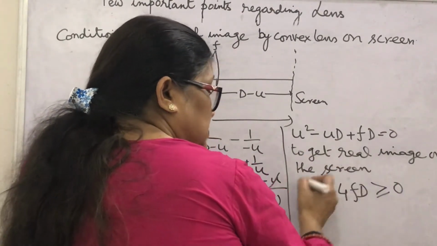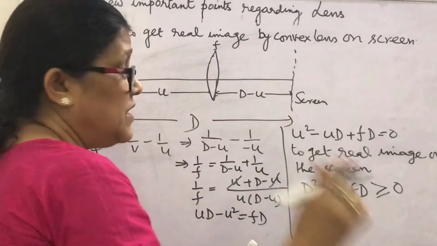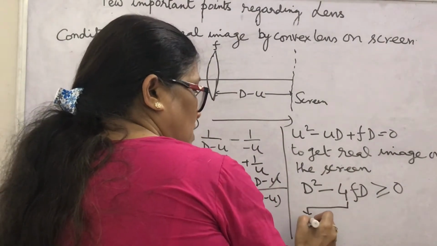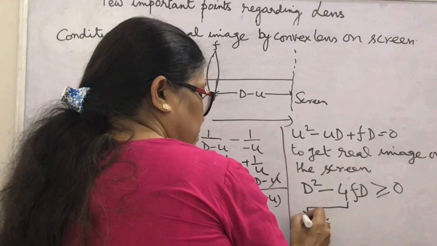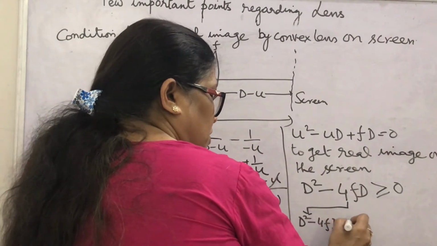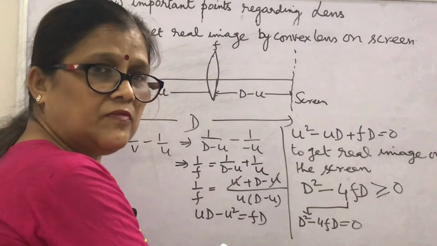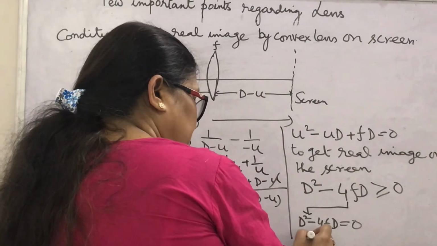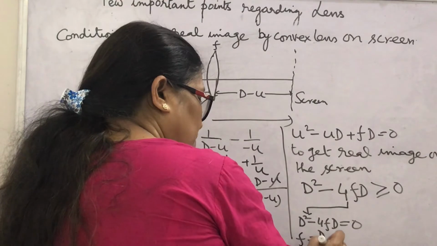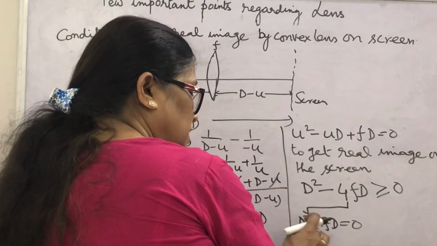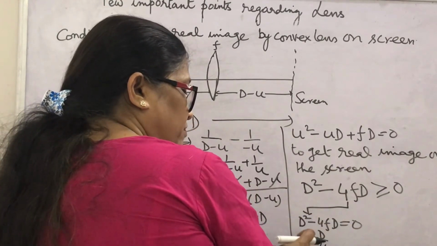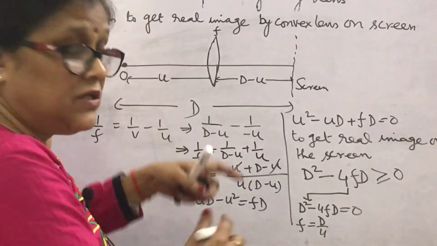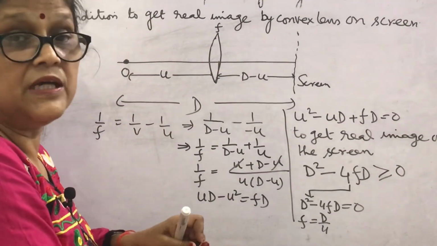From this relation, note down that if D square minus 4fD is equal to 0, then what will be here? You can write D will be 4f, so f will be D by 4. That is the focal length of the lens. You can check in the numerical examples also.